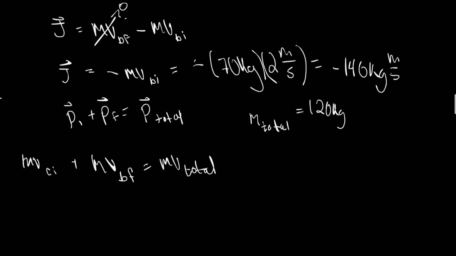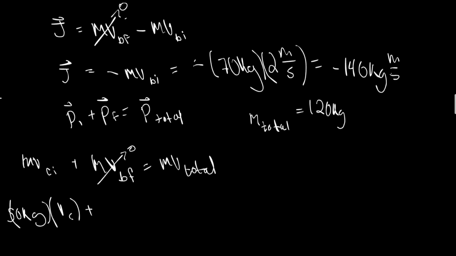So let's proceed. We know the mass of the cart is 50 kilograms because again that's what we were told, and then we're solving for the velocity of the cart. We don't know this value, but we do know that the boy jumps, so therefore this has to go to zero, because once he jumps, his velocity is zero.